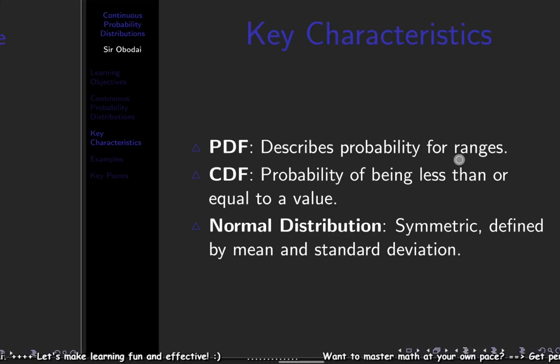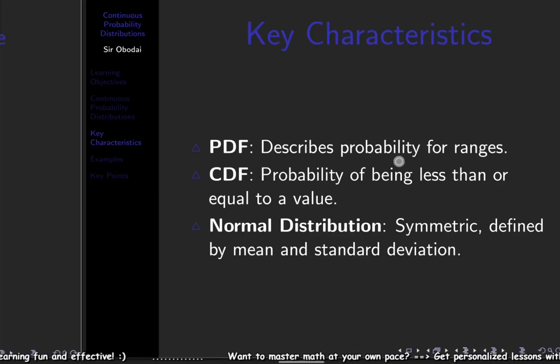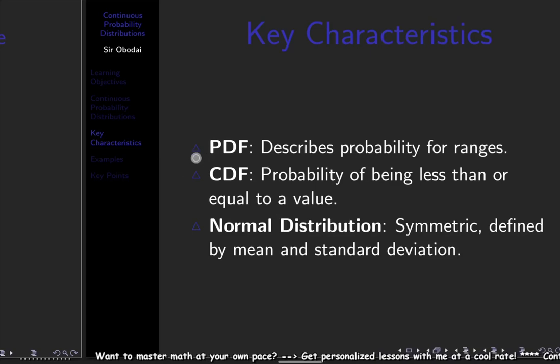The probability density function is simply a function that describes the likelihood of a random variable taking a specific value. Now you should know that for continuous variables, the probability that a variable takes an exact value is 0. However, we calculate the probability of the variable falling within a certain range. That is where we use the probability density function.